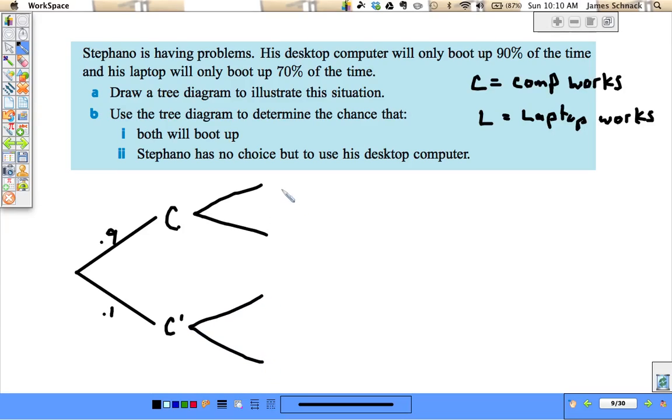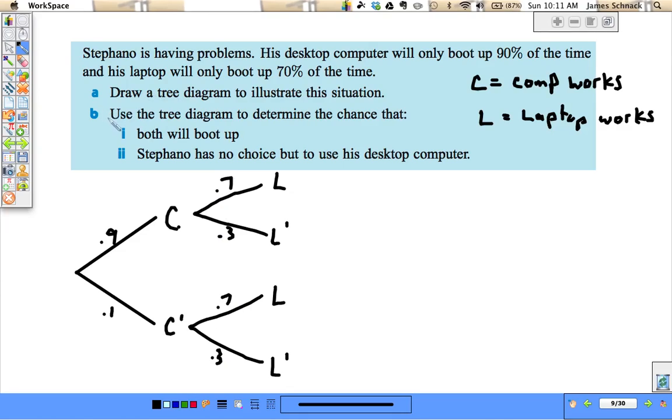Off of each of these, we're now looking at the laptop, L or L prime, L or not L. And the probability of L is 70%. Probability of not L then has to be 30%, 0.3.